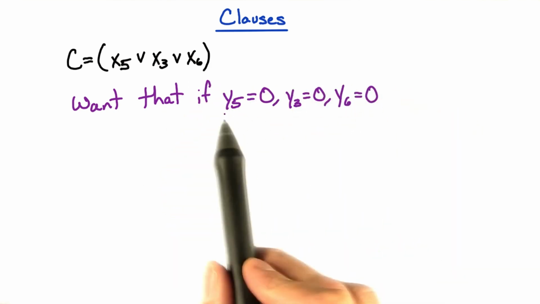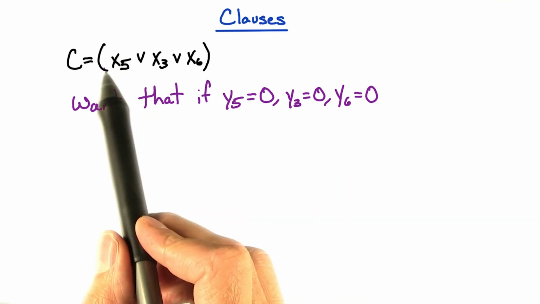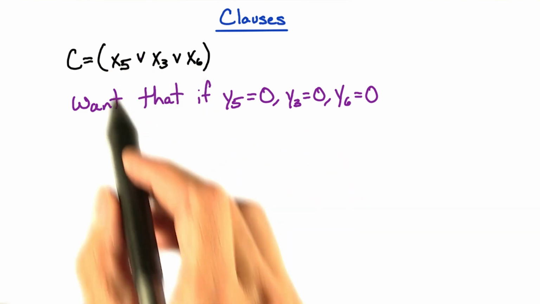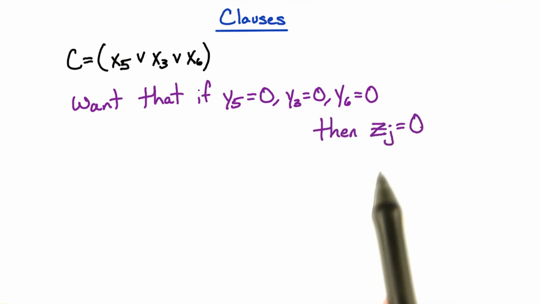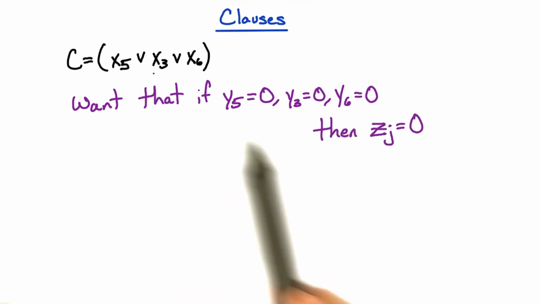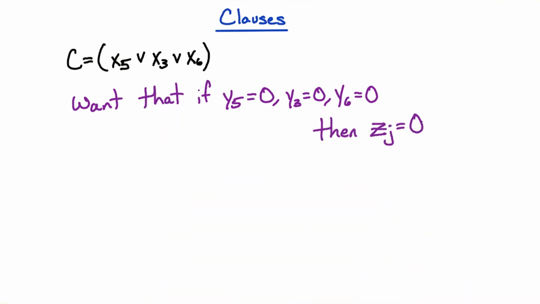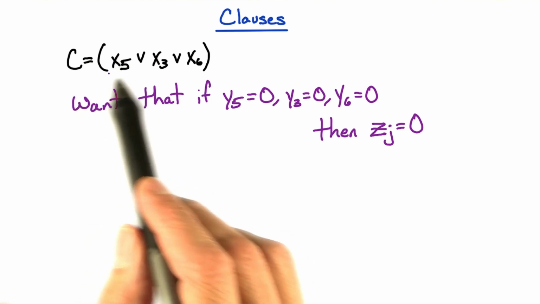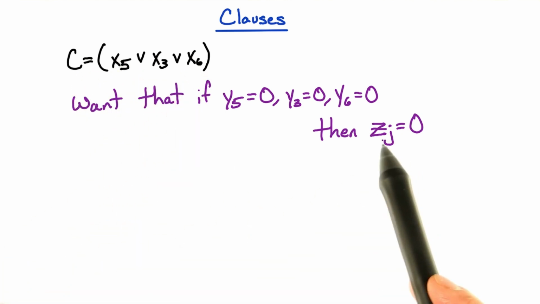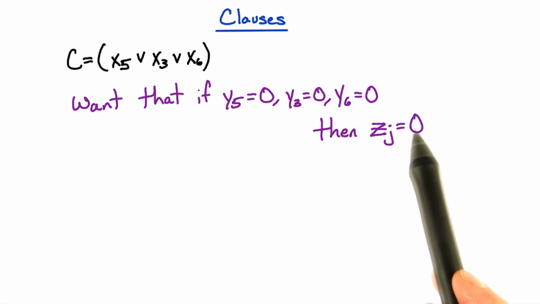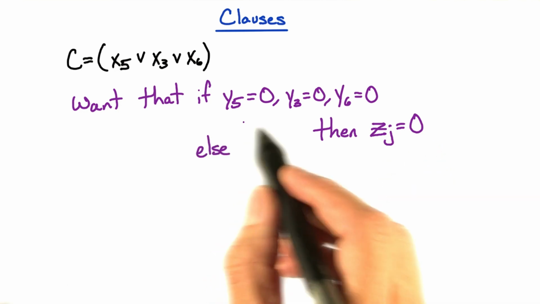So if these three variables are set to 0, which is going to correspond to setting these variables to false, then this clause is not satisfied. Then we want the variable for this clause to be value 0. So when this clause, this jth clause, is not satisfied, we want this variable zj to be constrained to be value 0.